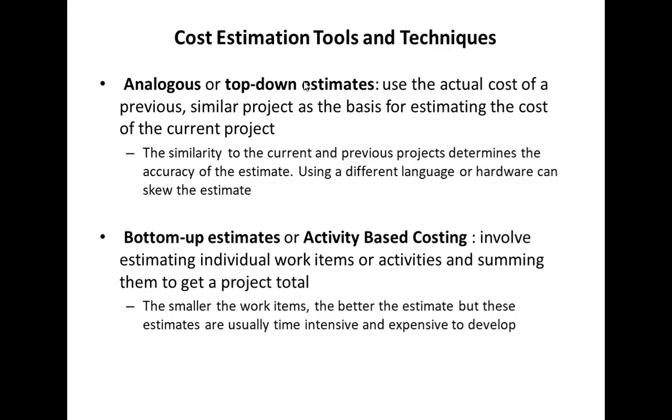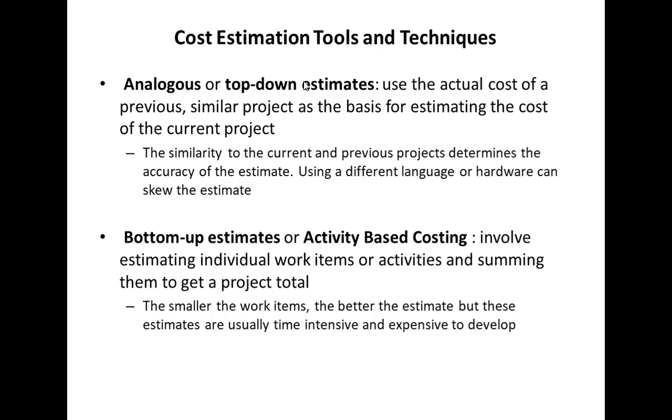So your estimate is better if the work item or the activity is smaller. However, this estimate takes a great amount of time, because you have to go one by one. You have to estimate the cost for each and every activity. Okay, that's one disadvantage of this method.